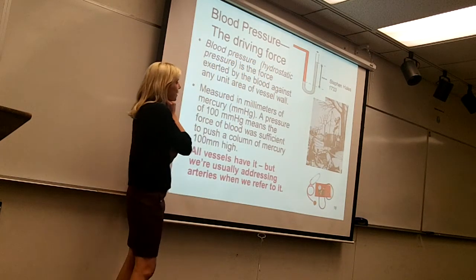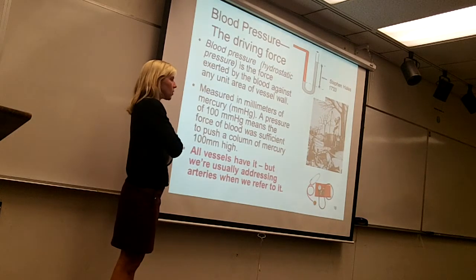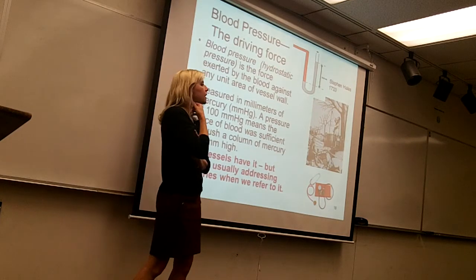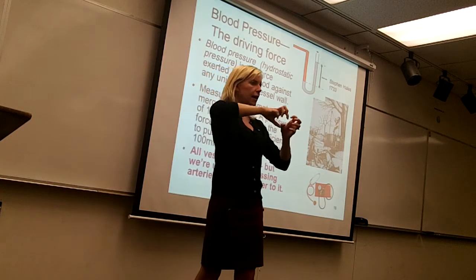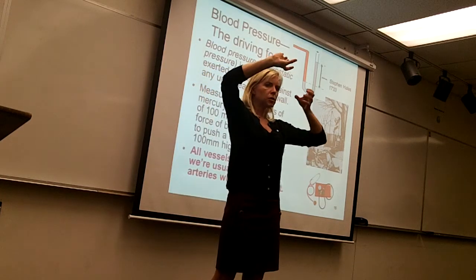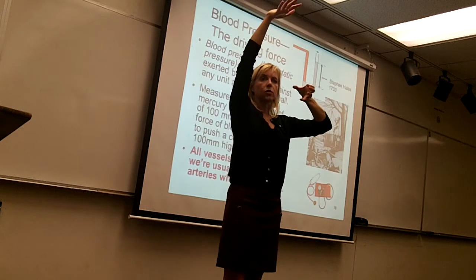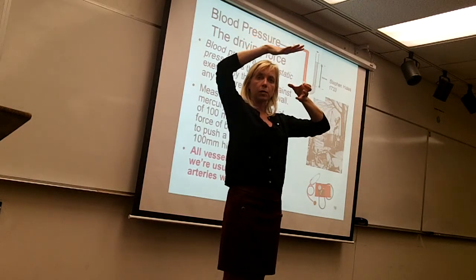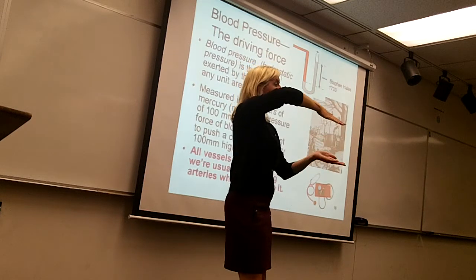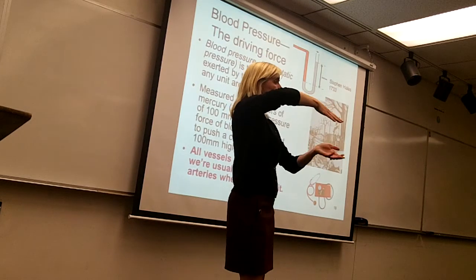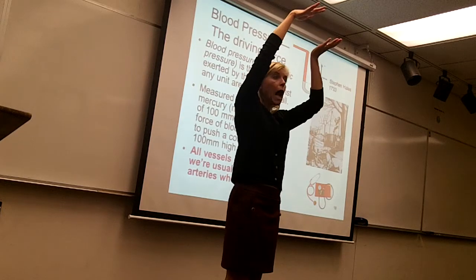All right, so Stephen Hales was doing an experiment with a horse. He inserted a large cannula into the common carotid of the horse, and he connected that cannula, a large needle, to a rubber tube that then was connected to a glass column filled with mercury. Whenever the horse's heart contracted, the blood pressure increased and the column of mercury went higher.